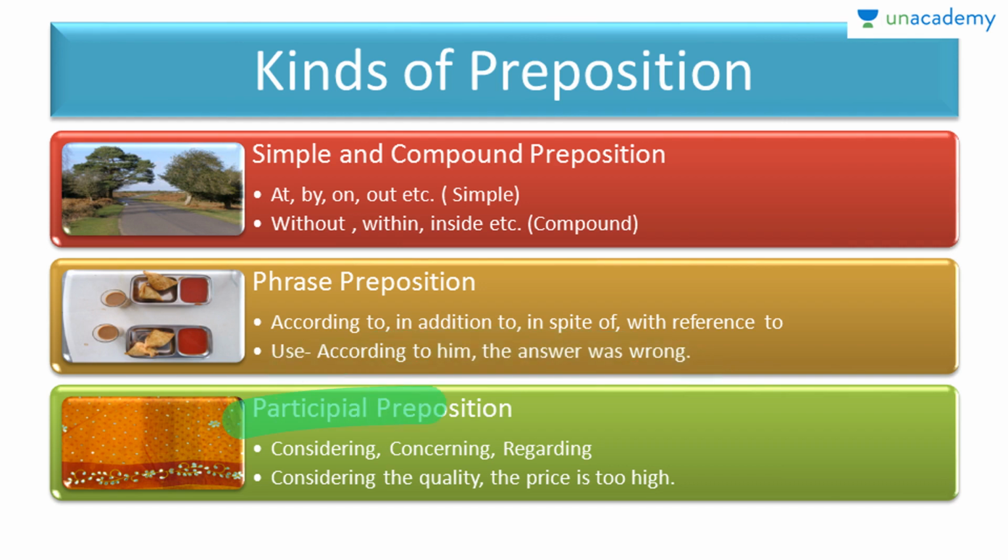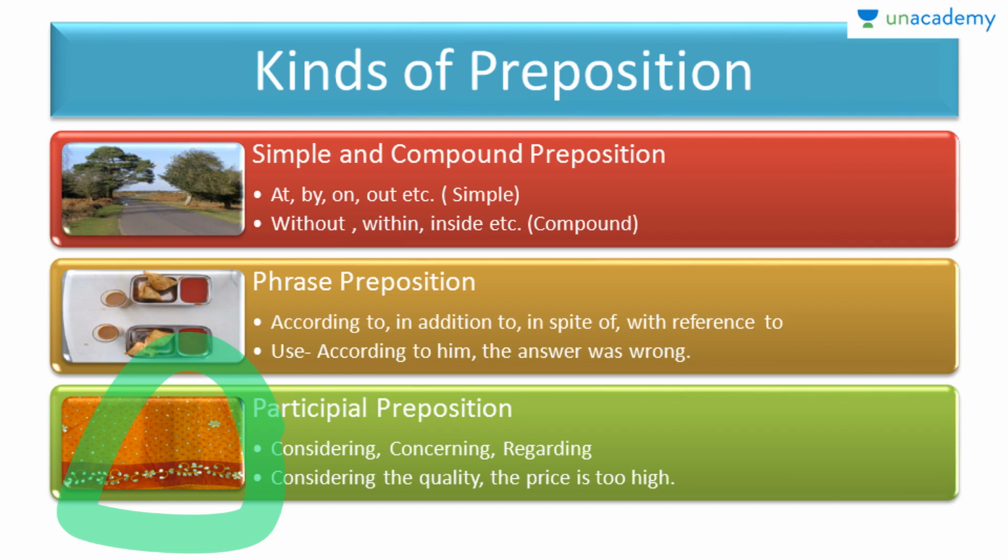The next category that we have is participle preposition, and this includes considering, concerning, regarding. We can see the example here: considering the quality, the price is too high. Say you go to purchase a sari or a cloth, and you say to the shopkeeper, okay, the quality is fine, but considering the quality, and this considering is a participle preposition, the price is too high.